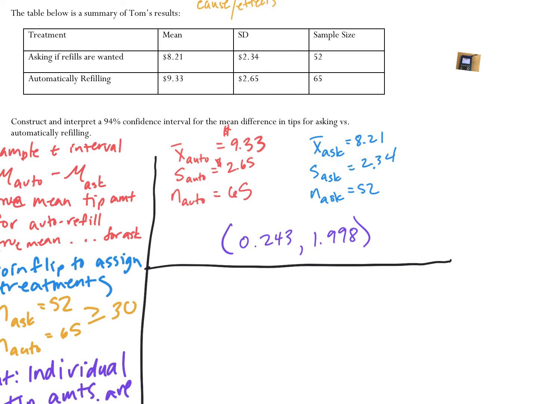We are 94% confident. Automatically refilling makes you more money than asking, because the interval is completely positive. Does that mean your tip amounts are going to be somewhere between 24 cents and $2? No, that's just the difference. This is how much more money the server could make for auto versus asking.